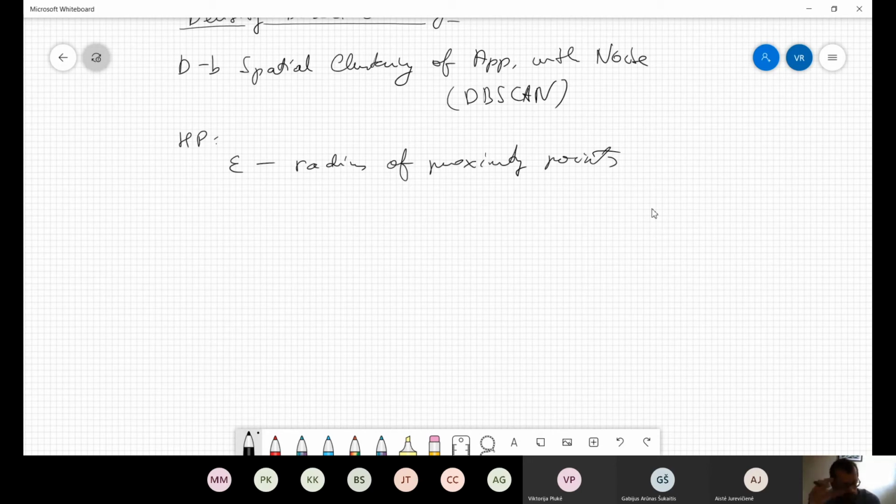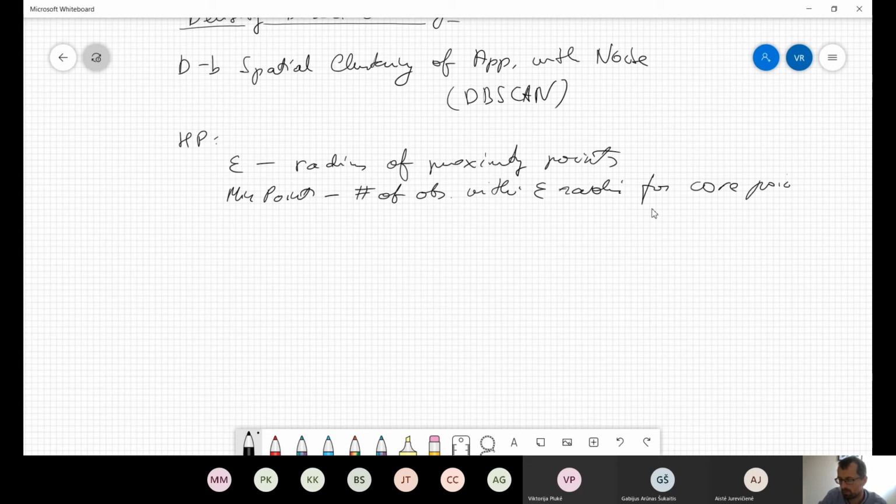To be close to the core point. Okay, and then you have so-called minimum points. So this is the number of observations within epsilon radius for a so-called core point. Okay, so these two hyperparameters need to be defined.